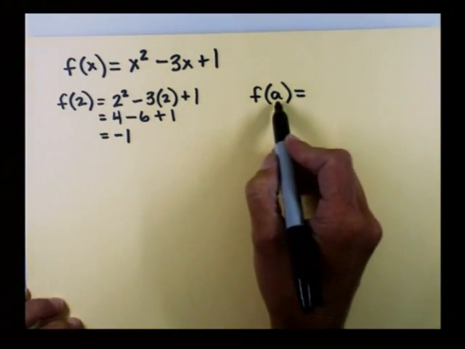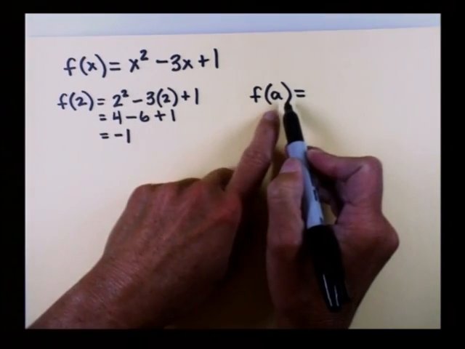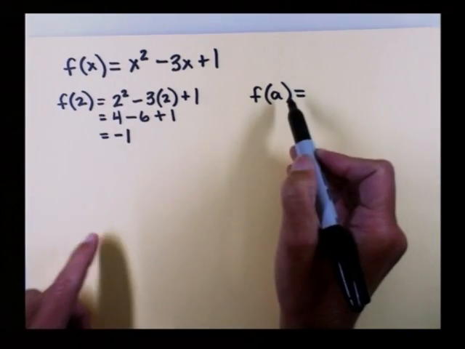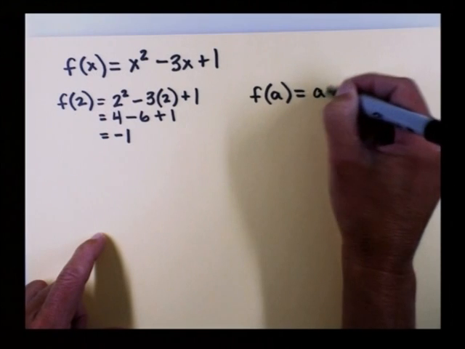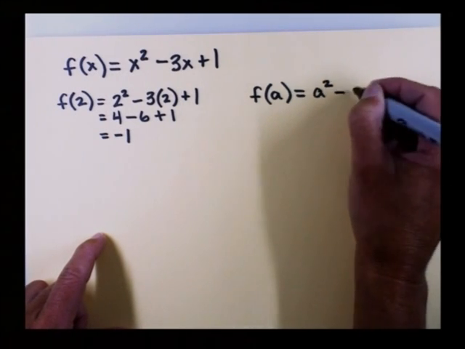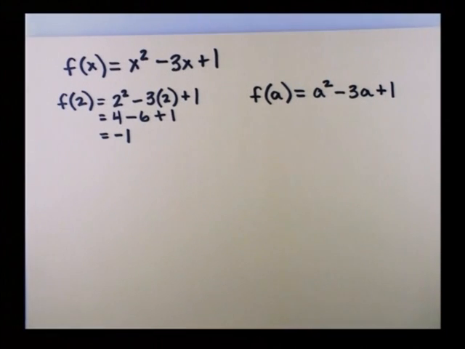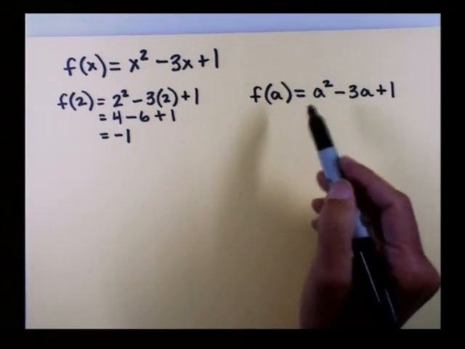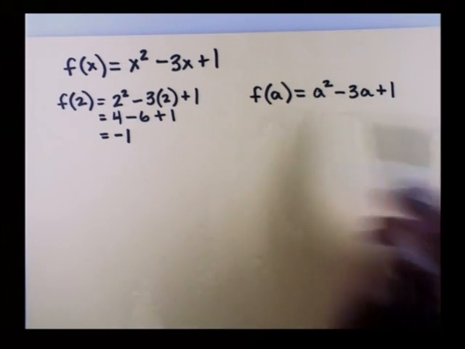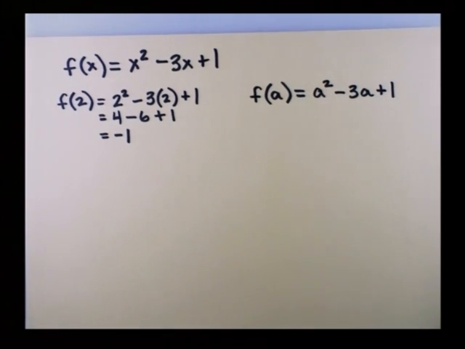So in this case, instead of actually plugging in a number, I'm plugging in a different variable. And sometimes our answers will still be expressions like this, if I'm plugging in a variable.